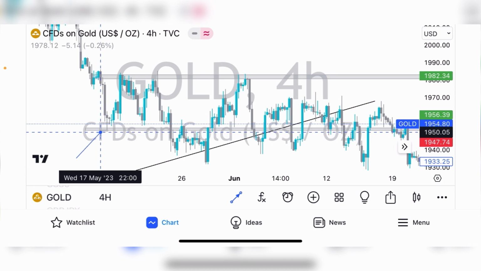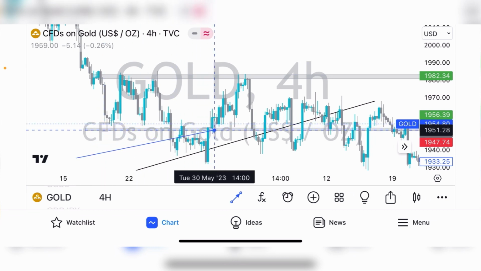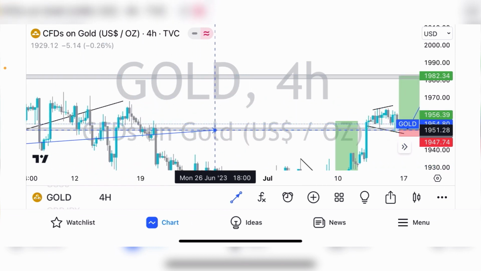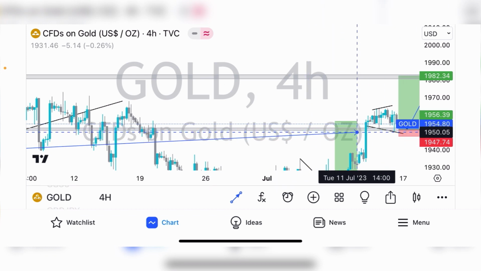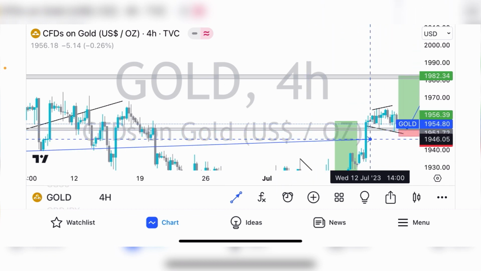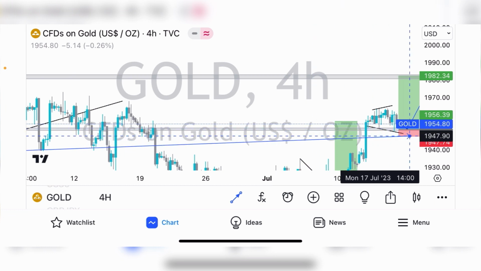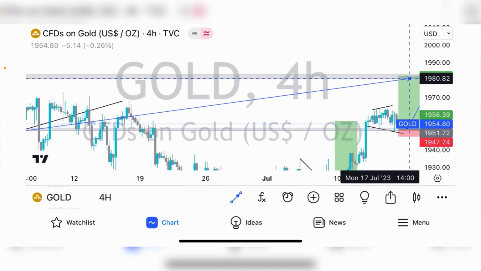As you can see, it got respected multiple times, like from 1, 2, and I think this is the third touch, which is actually going to be holding this. It will hold from here to the upside till our resistance.